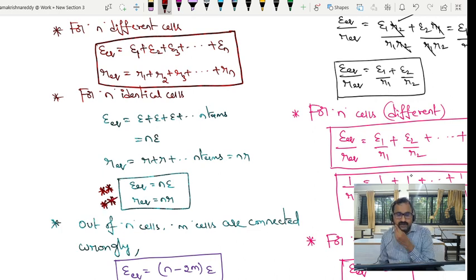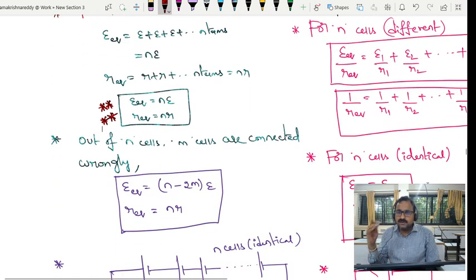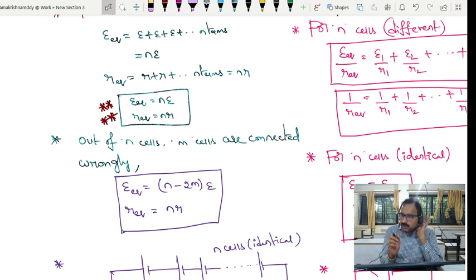Next one, out of n cells, m cells are connected wrongly. Suppose you are taking 10 cells and one cell is connected wrongly, then what about the equivalent EMF and equivalent internal resistance? One cell reversed means its EMF becomes negative, so that cell and another cell both will cancel each other's EMF. Suppose you take n is equal to 10 and m is equal to one cell reversed.